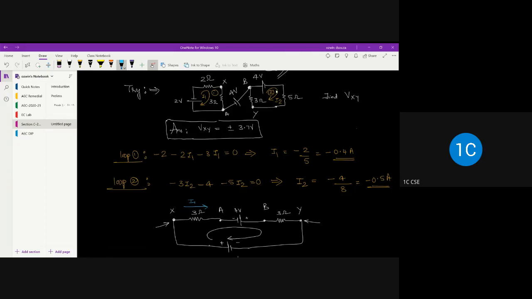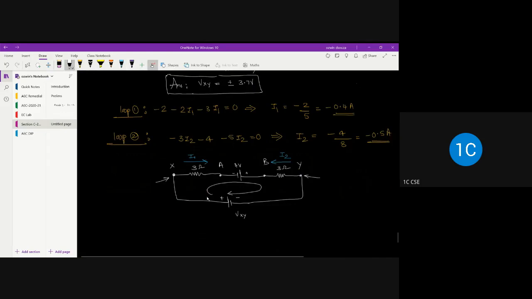Similarly, in loop 2, current I2 is flowing from bottom to top, so that is Y to B. So mark the current in this direction and name it as I2. That's what we have written here.